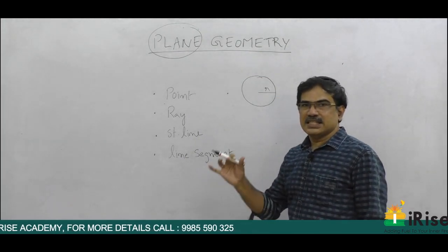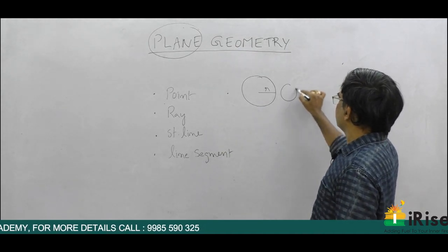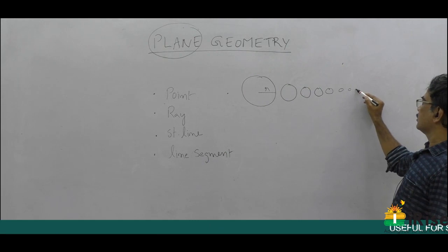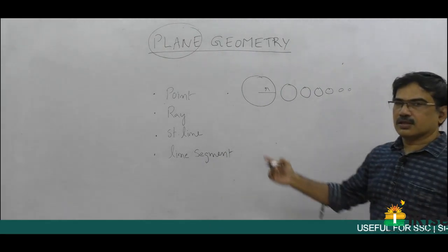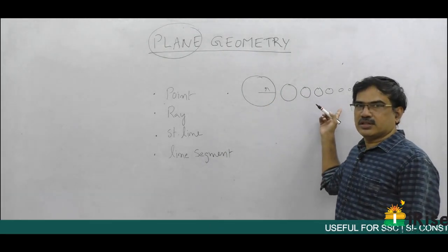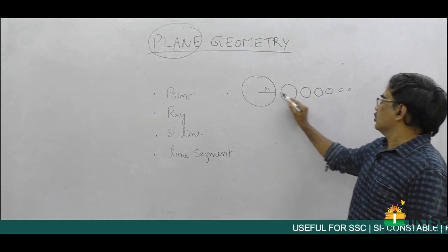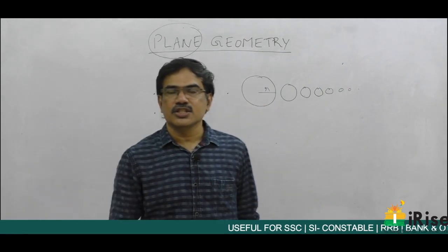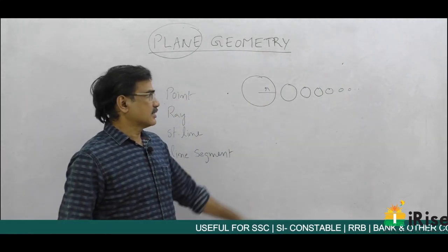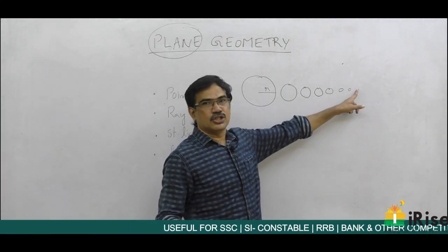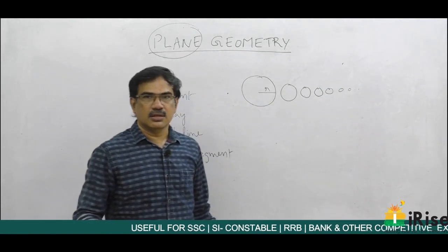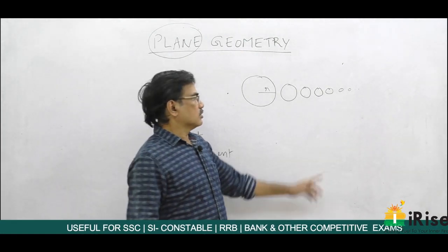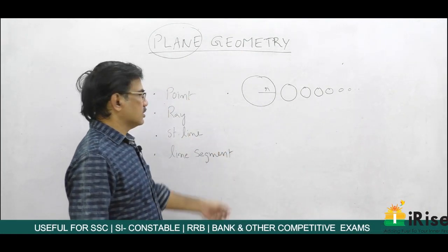If you decrease the radius, then it becomes a point. So, a circle having nearly 0 radius is called a point. Okay, so this is about a point.